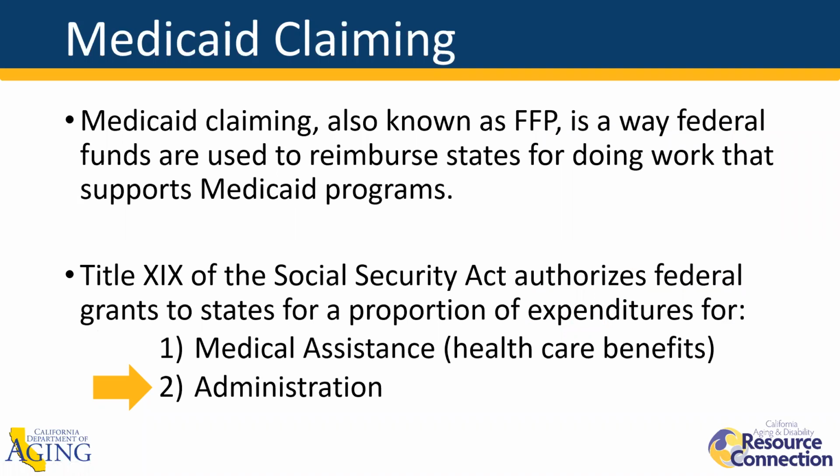Title 19 of the Social Security Act is the actual authority that allows states to get federal reimbursement for not only providing medical assistance or actual healthcare benefits to people, but for administrative activities as well. Remember, healthcare benefits are those Medi-Cal services I mentioned earlier, like physician services or hospital services, even long-term care, or services covered under a Medi-Cal waiver.